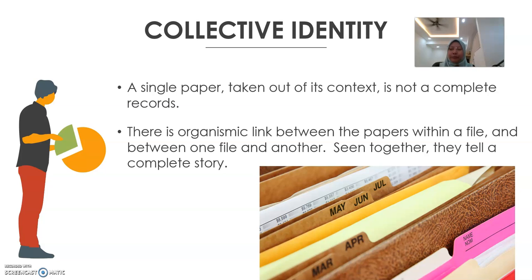When we talk about collective identity, for example, as you can see on the screen, it is about finances. Here we have the months and the figures. So let's assume that these are the records of a financial statement.